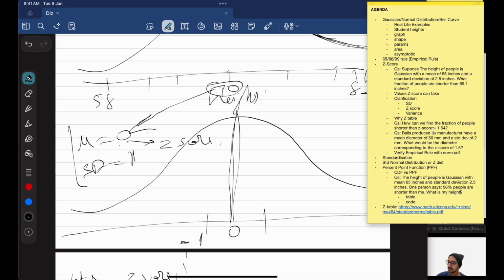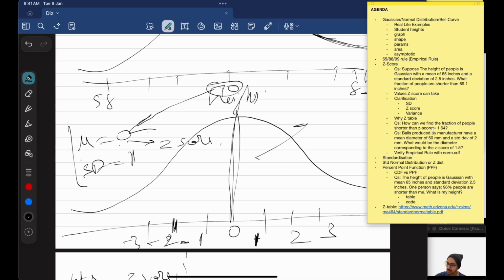So the values will be exactly one unit away, which is one z-score away. -2, +2, minus 3, plus 3. So these are all z-scores. I hope that was clear. So that's the whole point.